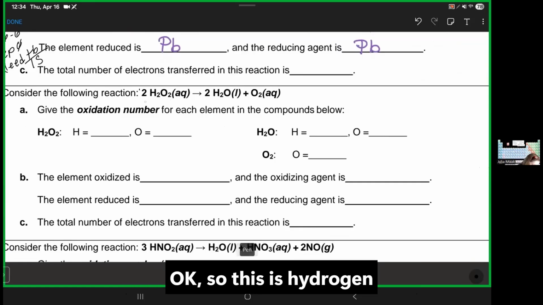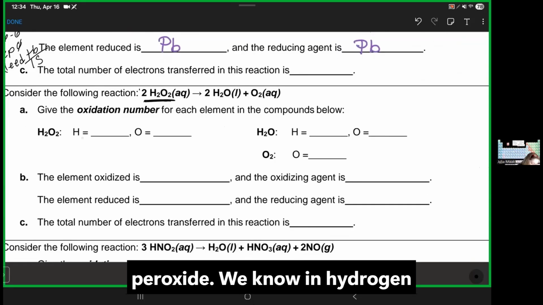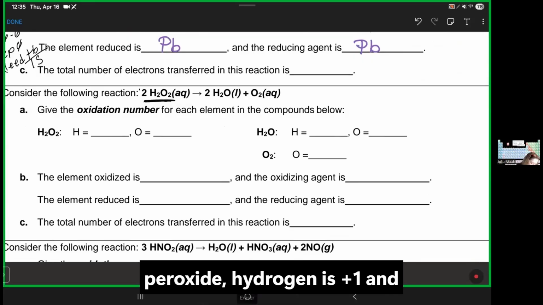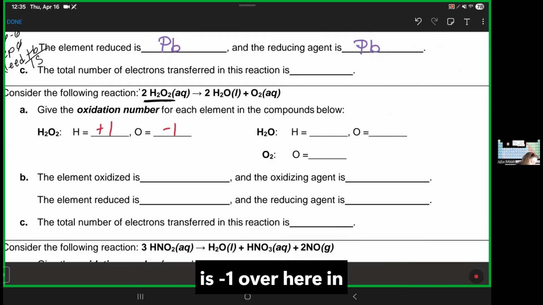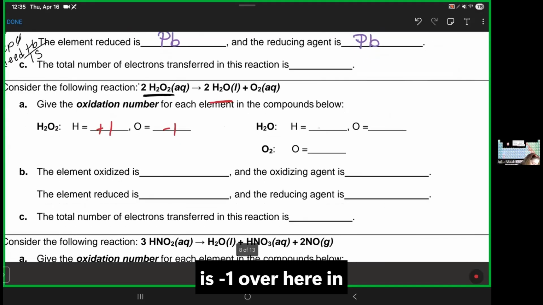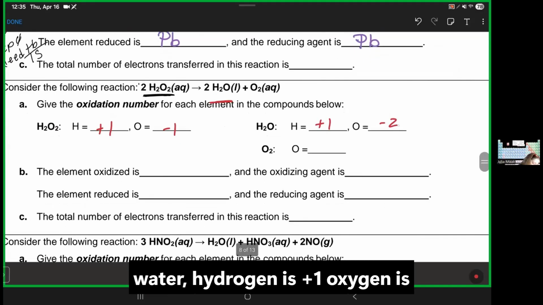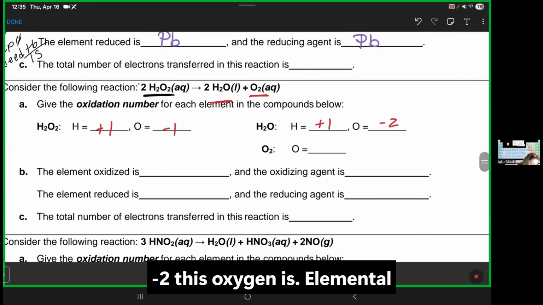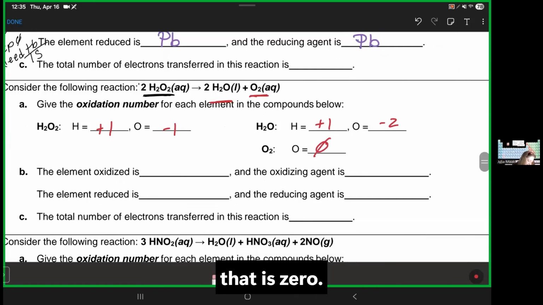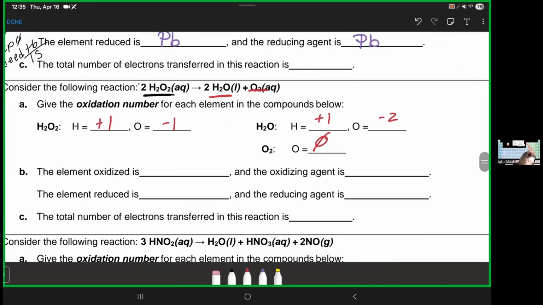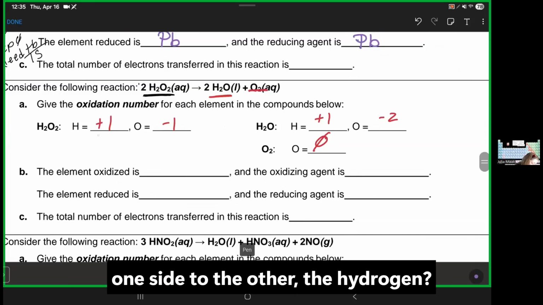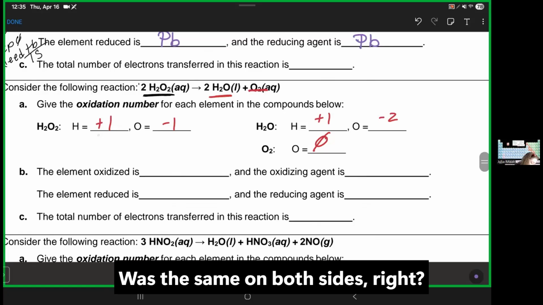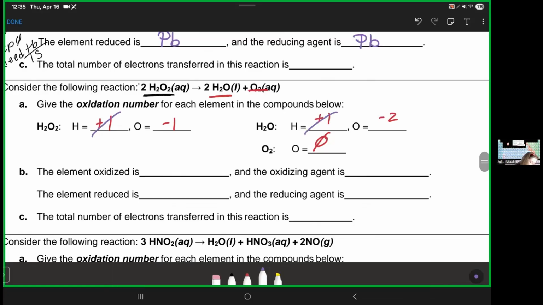Okay, so this is hydrogen peroxide. We know in hydrogen peroxide, hydrogen is +1, and the oxygen in a peroxide is -1. Over here in water, hydrogen's +1, oxygen's -2. This oxygen is elemental, that is 0. When you look at what changed from one side to the other, the hydrogen was the same on both sides, right?